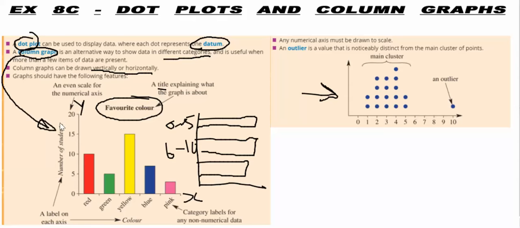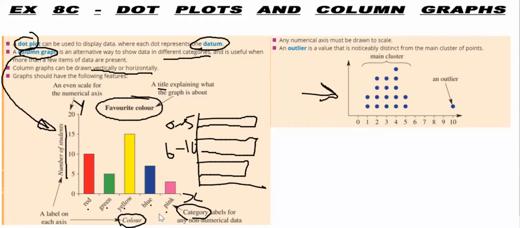Each axis has a label, okay, so they're labelled, giving you information about what each axis is about. So obviously in this case, the x-axis or the horizontal one is showing you the different colours or different groups. And each of these obviously is called a category, and it has a category label, so that shows all the different categories you've got on this axis.